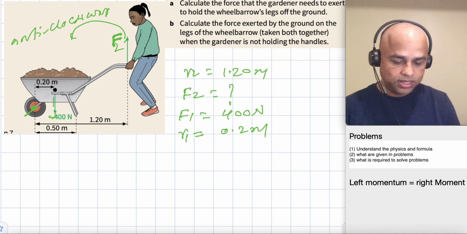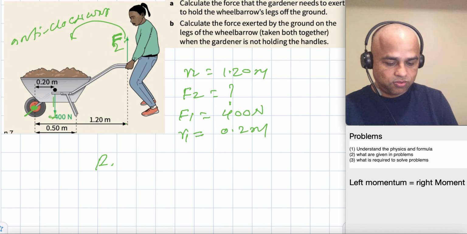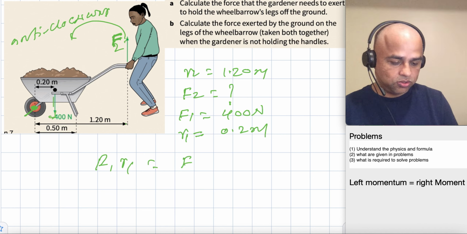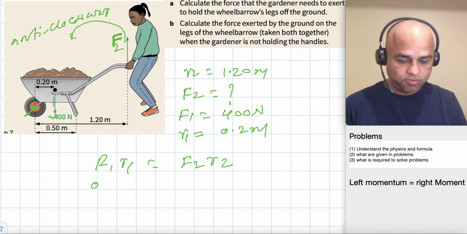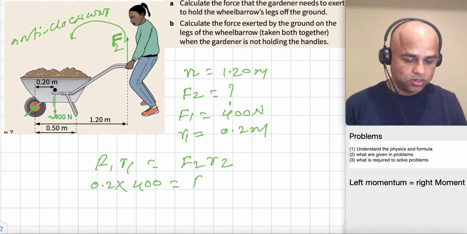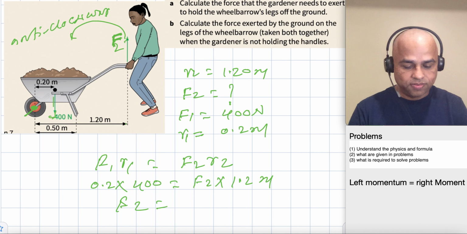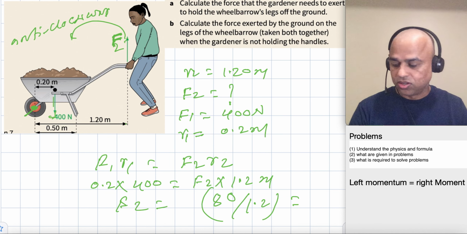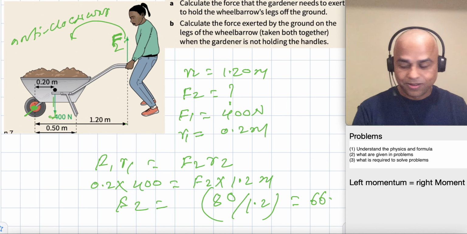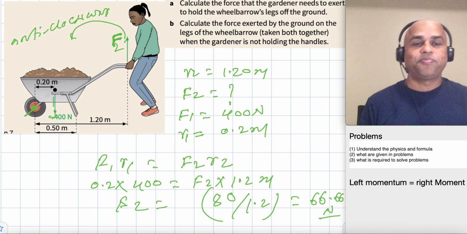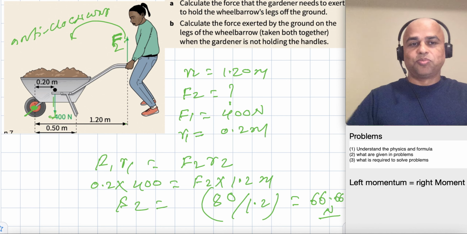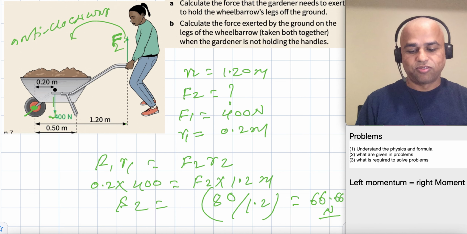So we can calculate F1 R1 equals F2 R2, which is 0.2 into 400 equals F2 into 1.2. Calculate 80 divided by 1.2, which equals 66.66 Newton. The gardener requires 66 Newtons to hold the wheelbarrow from this stand.